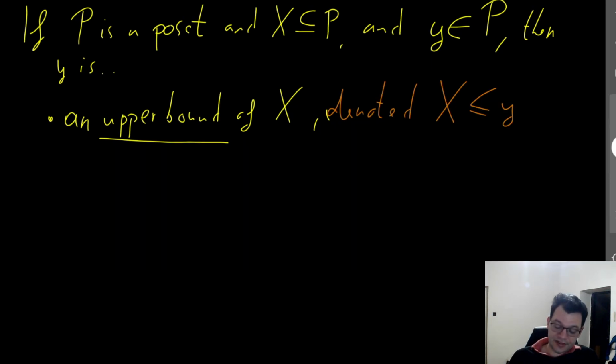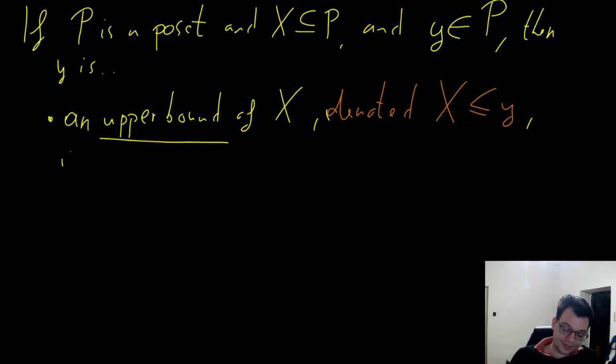So the set X being smaller than Y means all the elements of the set are smaller than or equal to Y.